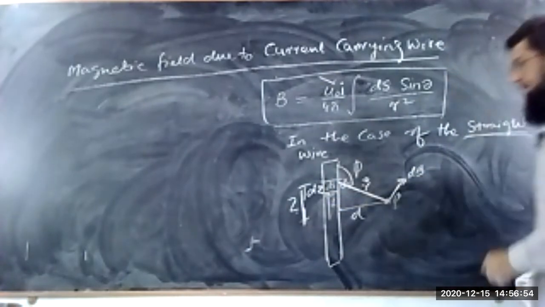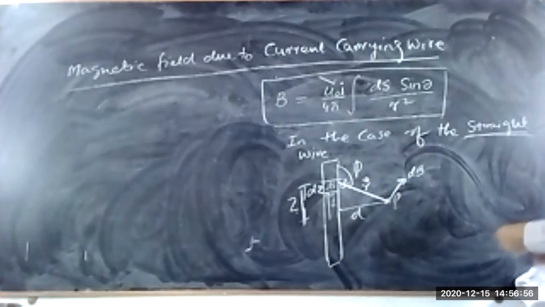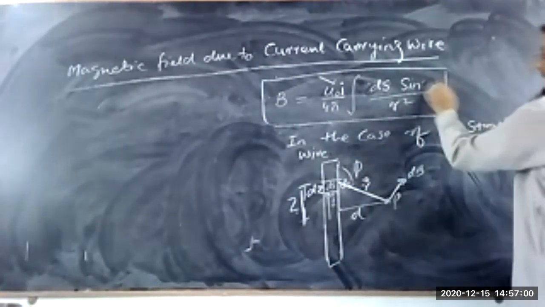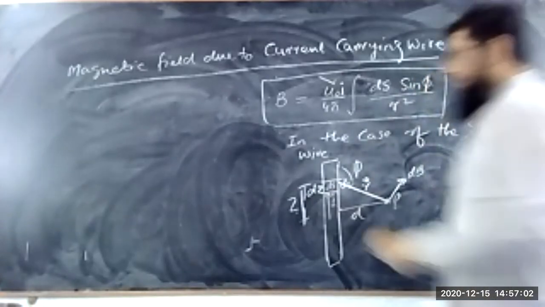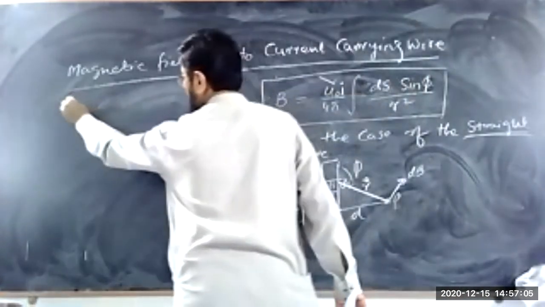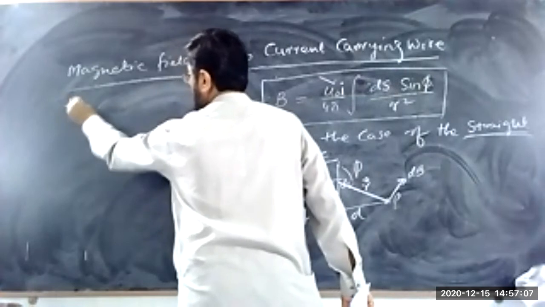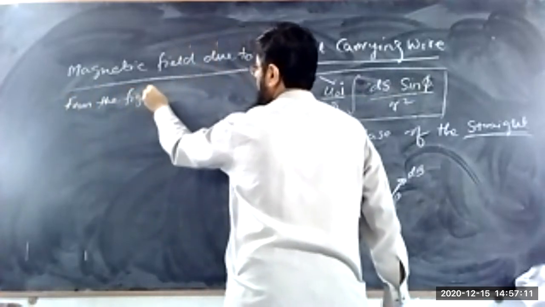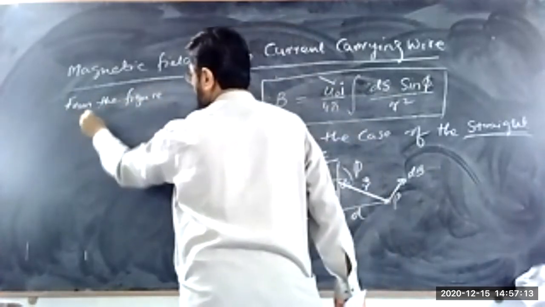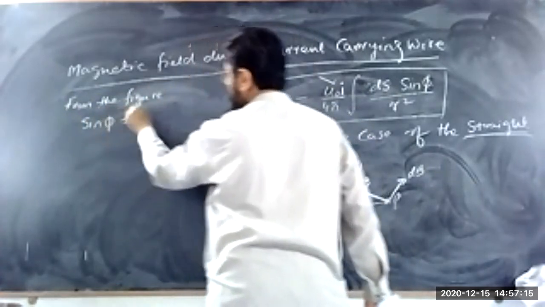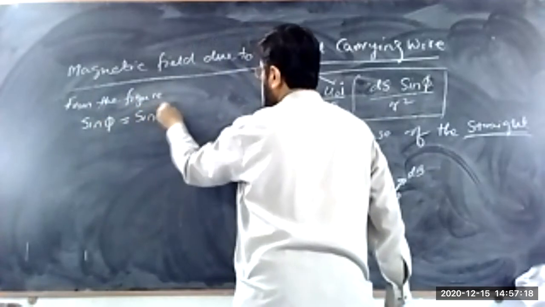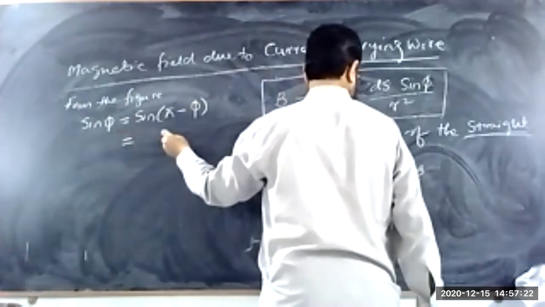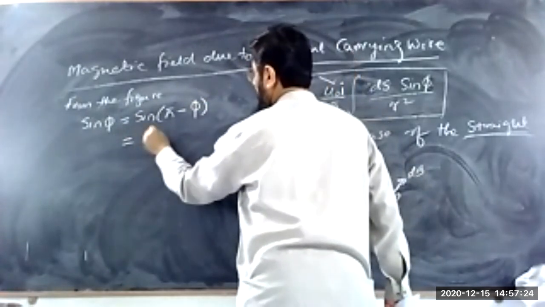We have to use this triangle here: sine theta or sine phi, from the figure, sine phi is equal to sine of pi minus phi, and this is equal to d upon r.